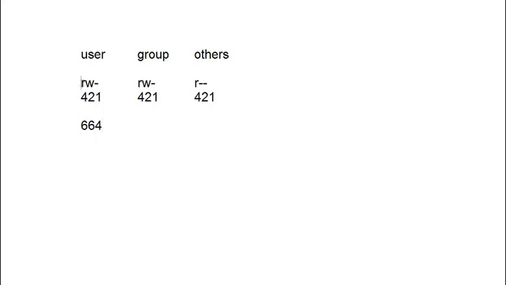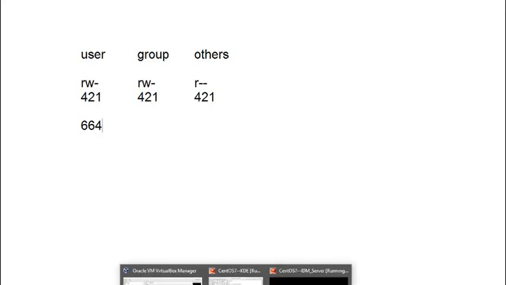So 4 plus 2 equals 6, 4 plus 2 equals 6, and then just 4, for 664. So then we can use chmod to set whatever permissions value we want without having to know what the permissions value is ahead of time. It makes things a lot simpler, and also makes it so that we can use this chmod command within a shell script.